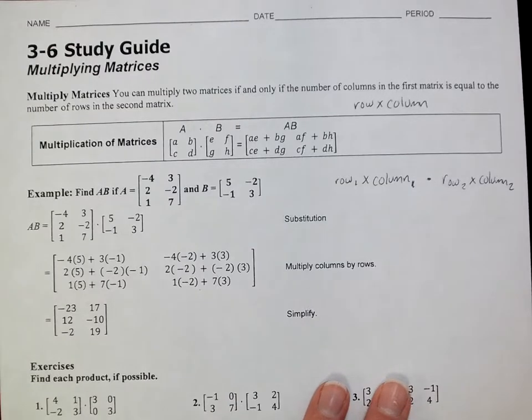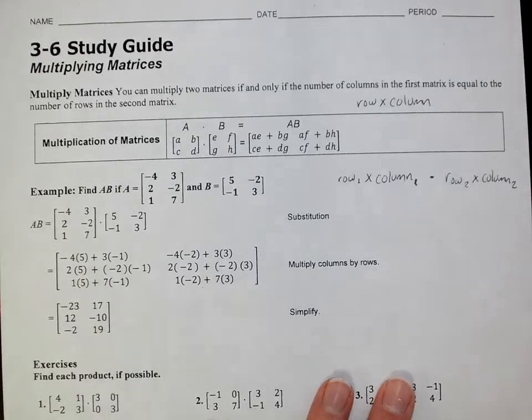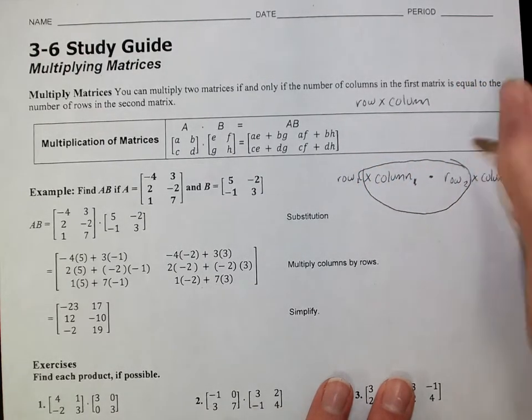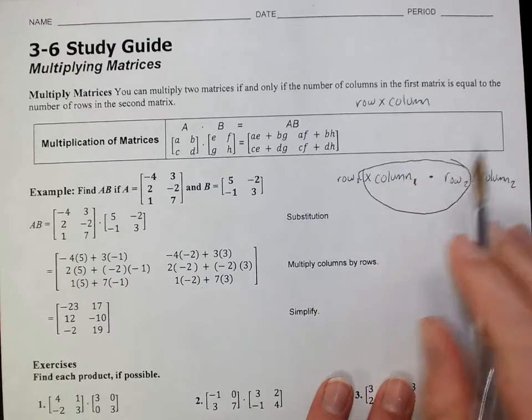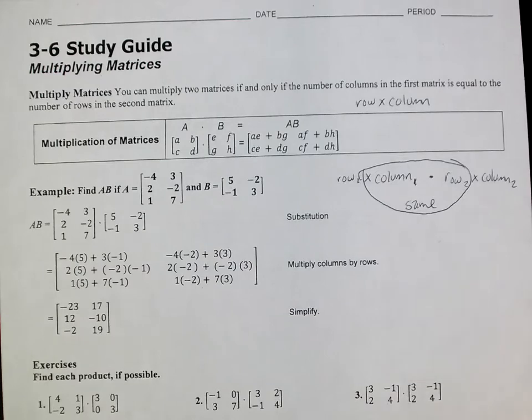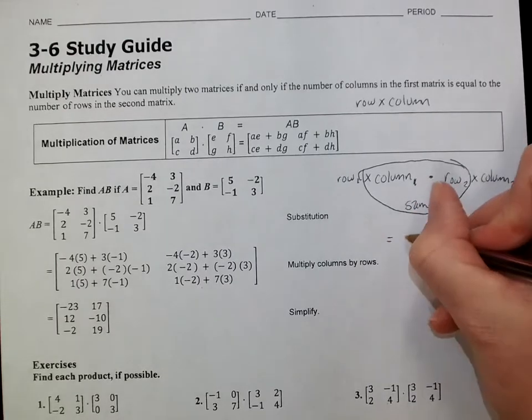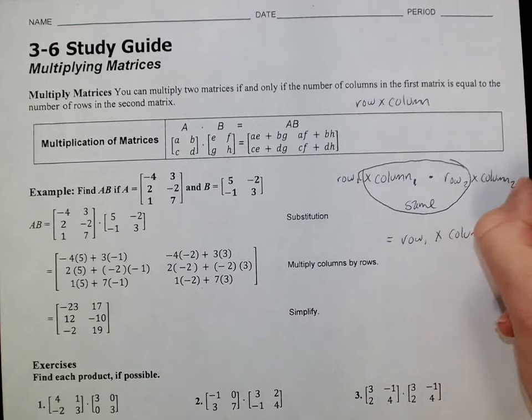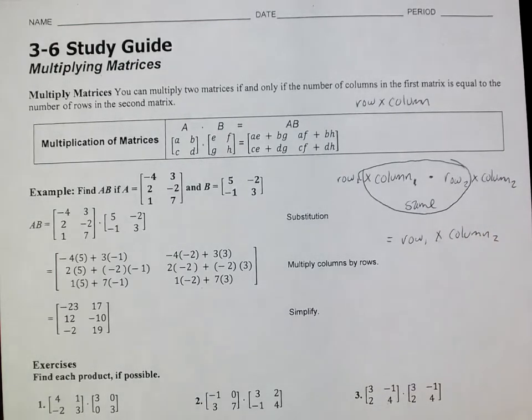For you to be even able to multiply, these two inner numbers, the column of the first one and the row of the second one, have to be the same. Otherwise, you can't even do it. If those are not the same, it is impossible. And your answer is going to equal the size of the row of the first times the column of the second. That's going to be the size.